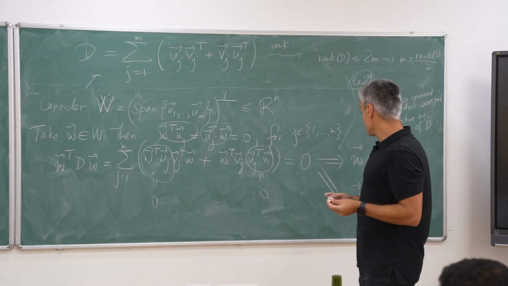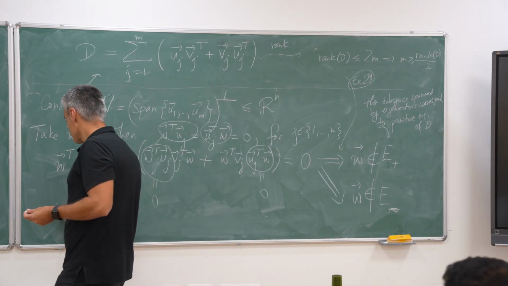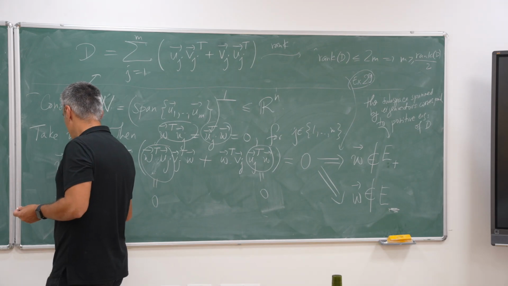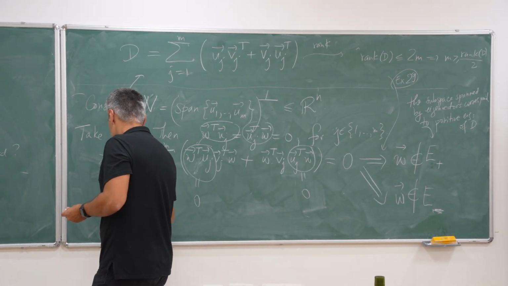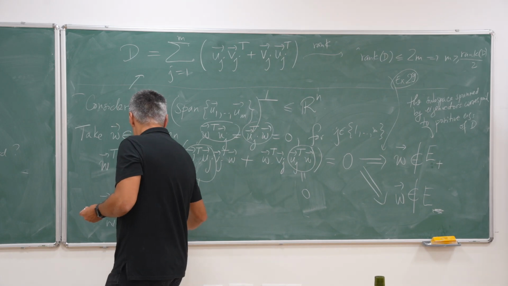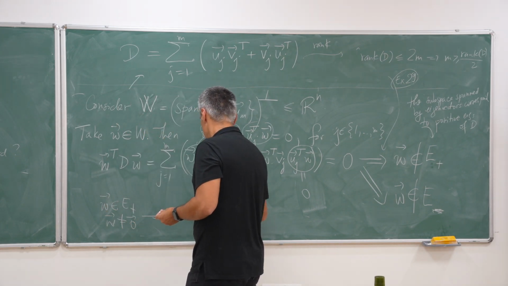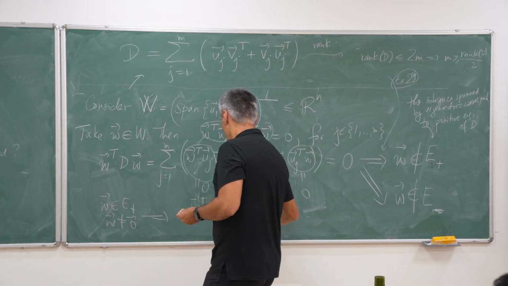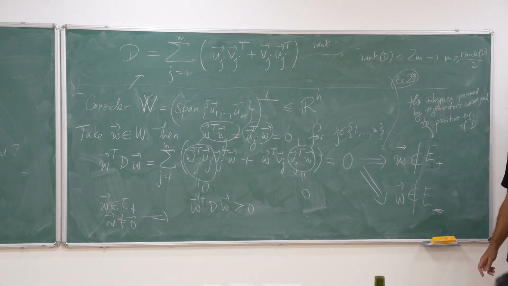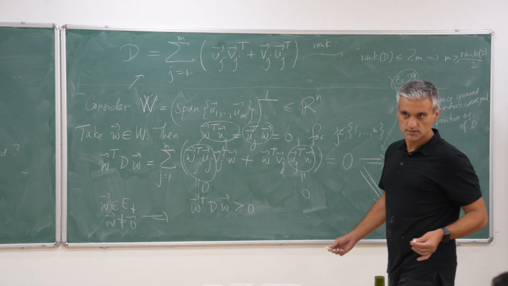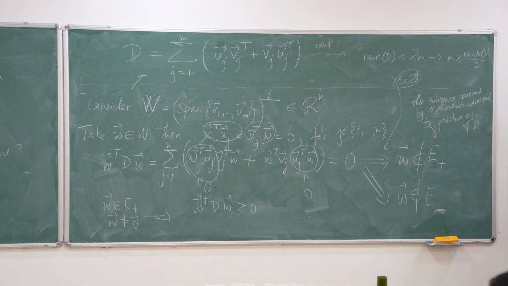Essentially, if w is in E plus and w is not the zero vector, then w transpose Dw has to be positive. That's exercise 30, which is the same as exercise 29. So that's basically how you solve exercise 29.